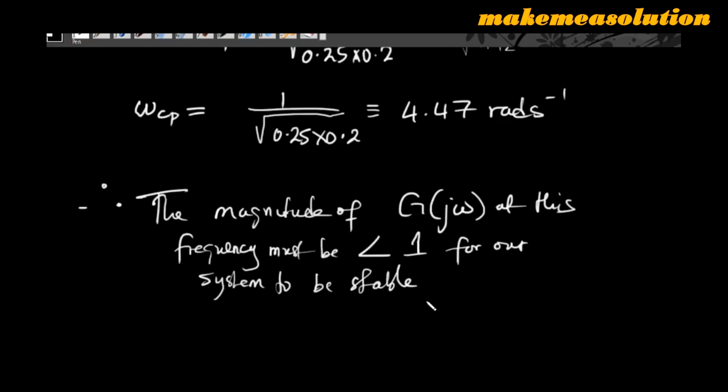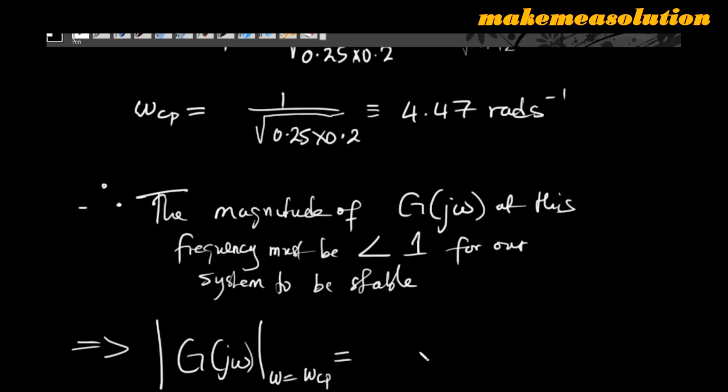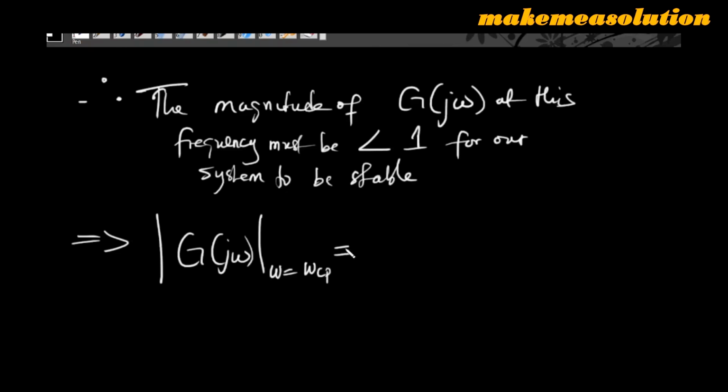So the magnitude should be less than 1. The implication is that the magnitude of G of j omega, when omega is equal to omega CP, should be less than 1. Okay, that's the statement, should be less than 1.